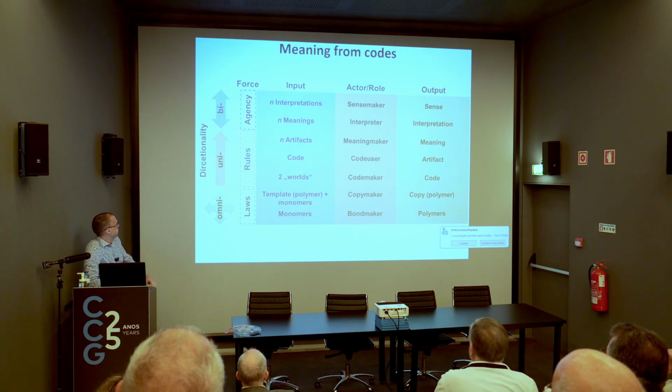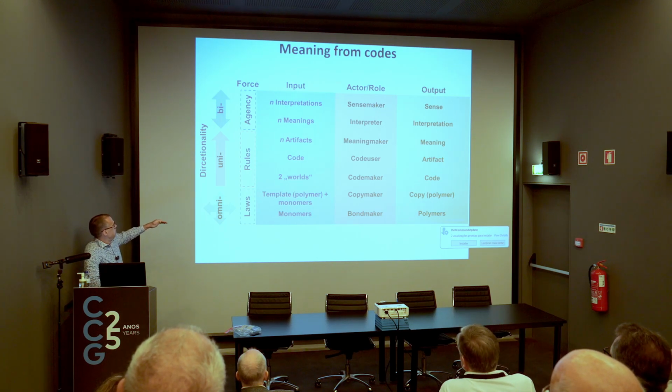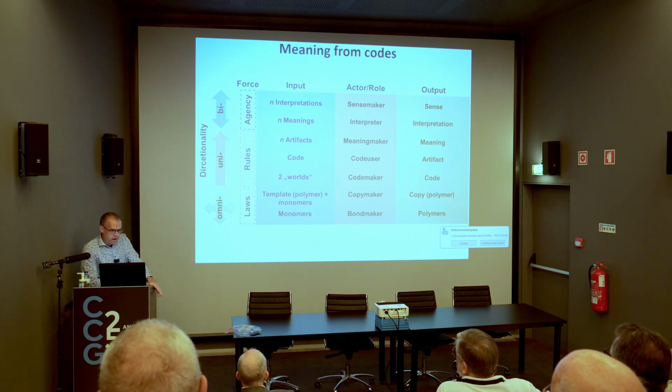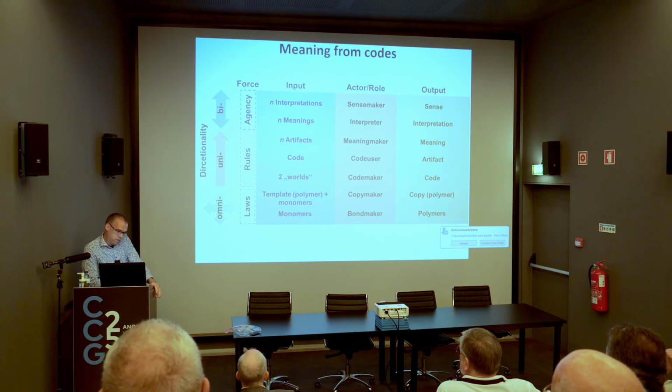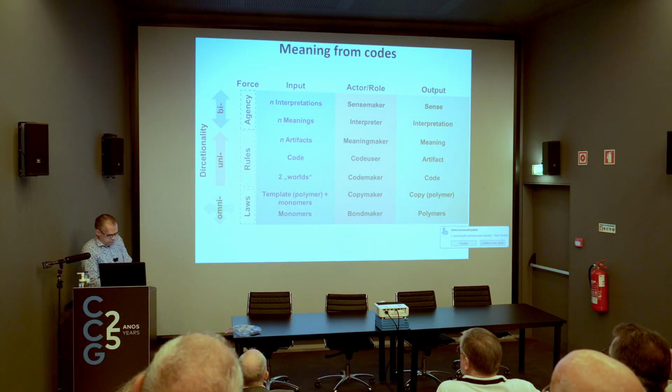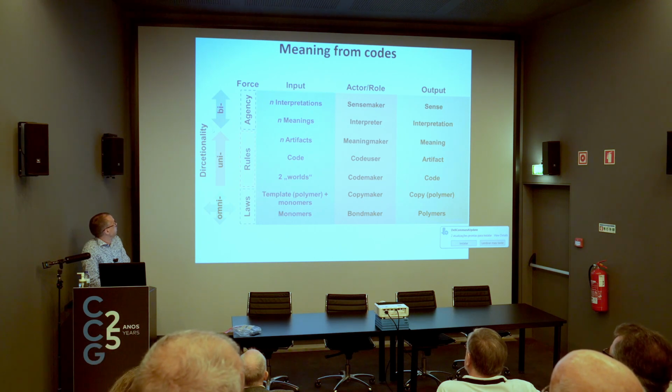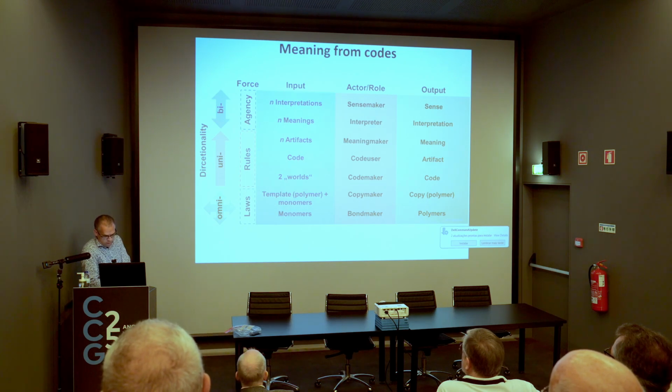We have a transition from natural laws to rules, and then the concept of agency comes into play. We also see different directionalities related to those underlying processes. This is what I'm currently working on.